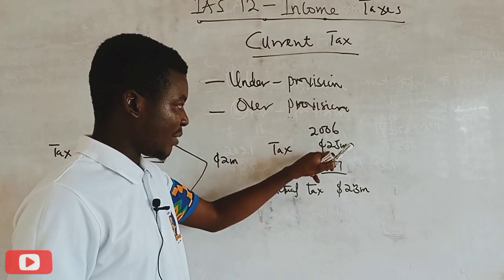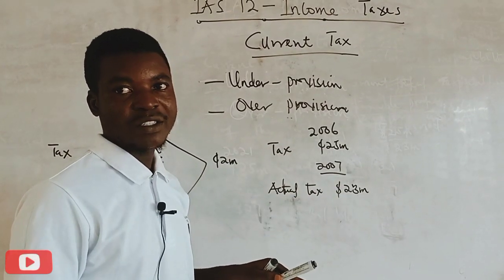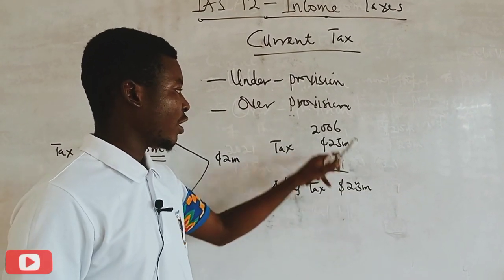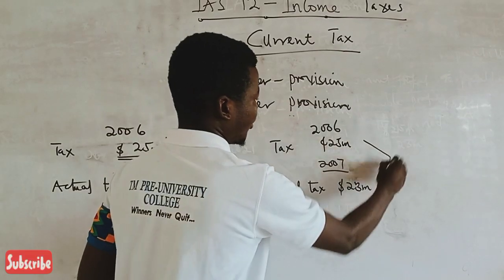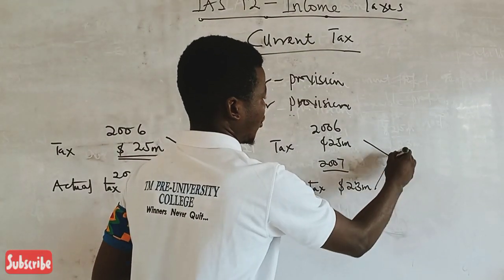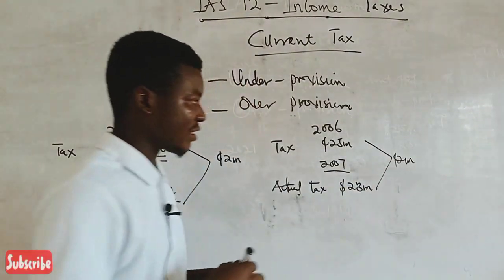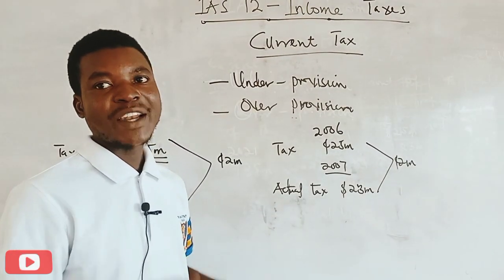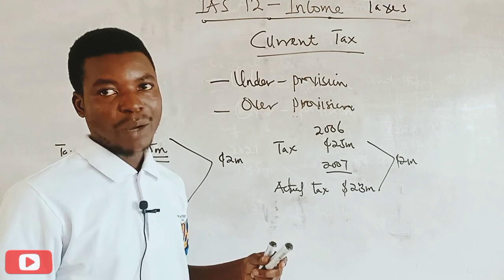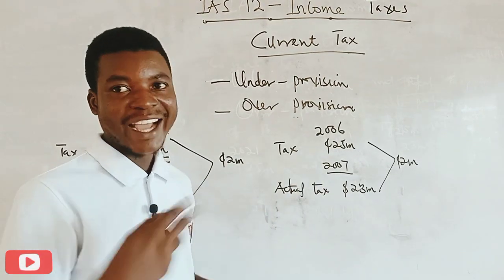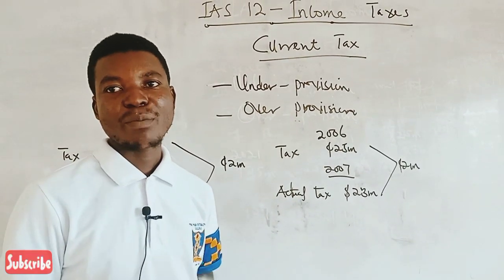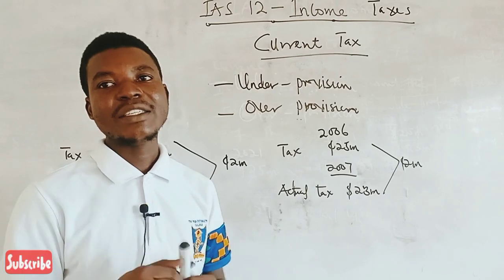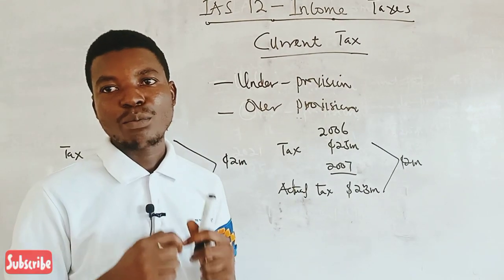The entity estimated more than what it is supposed to pay. So we have over provision of 2 million. We say there is over provision when the actual tax is lower than the estimated amount, or when the estimated amount is higher than the actual tax to be paid by the entity.